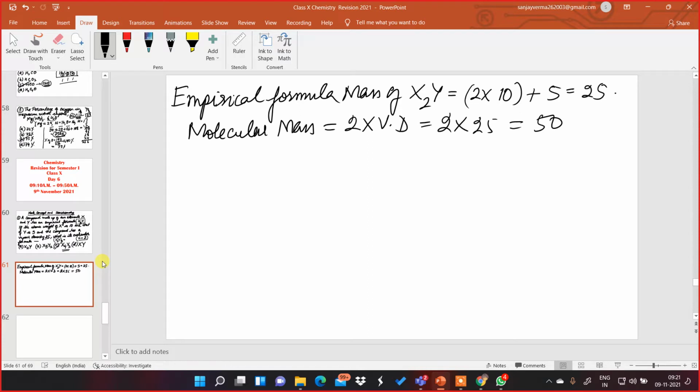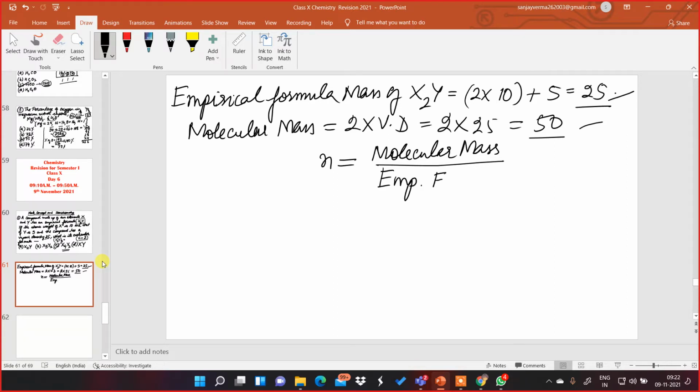So we know the empirical formula mass 25, and we know the molecular mass, that is 50. Based on these, we can get the factor n, which is obtained by dividing molecular mass by empirical formula mass. So that becomes 50 by 25, that is equal to 2.